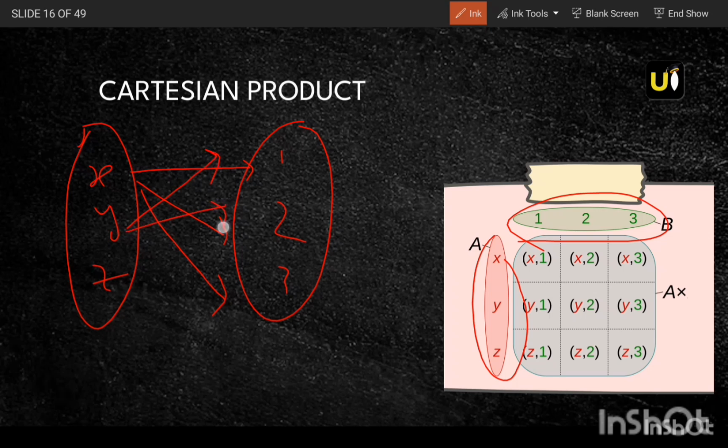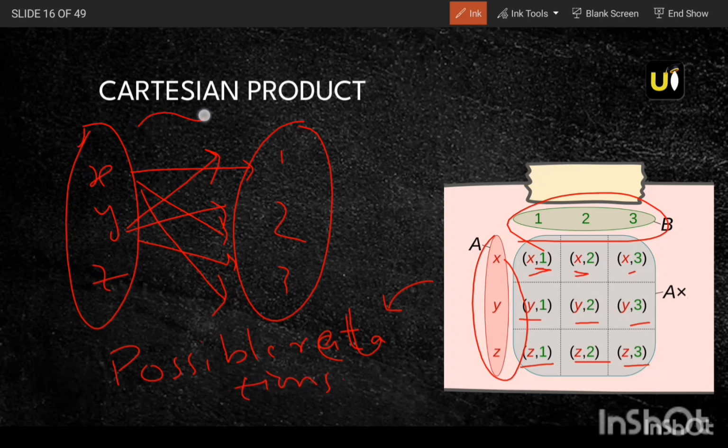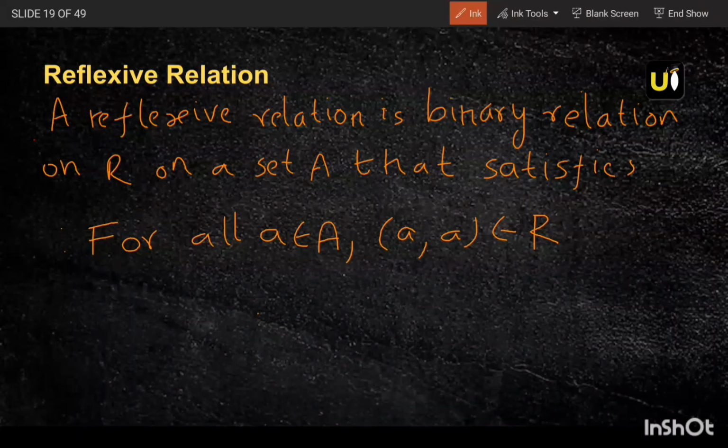Similarly, y can have a relation with 1, 2, 3, and similarly z. So here we have x1, x2, x3, y1, y2, y3, z1, z2, z3. These are the possible relations for two sets.